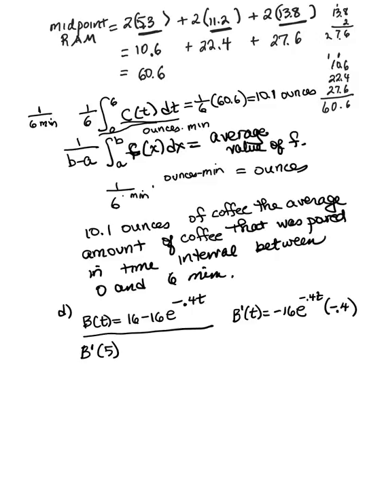And let's see what that simplifies to. That simplifies into positive 6.4 e to the negative 0.4t. So at 5, the derivative would be 6.4 e to the negative 0.4 times 5, which is just 6.4 e to the negative 1.0.